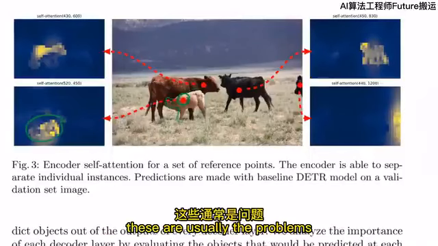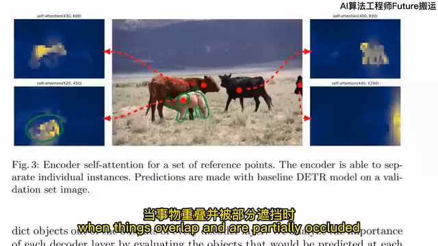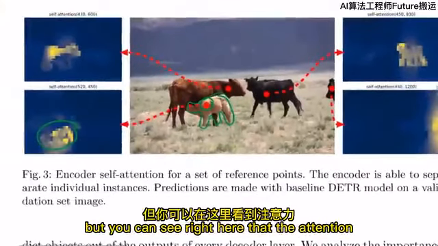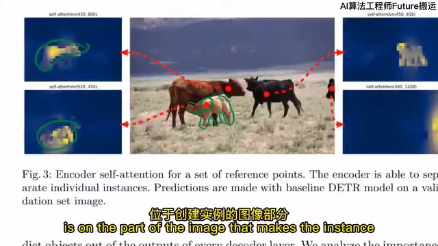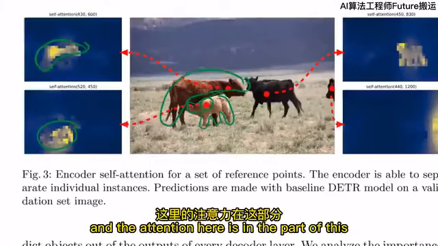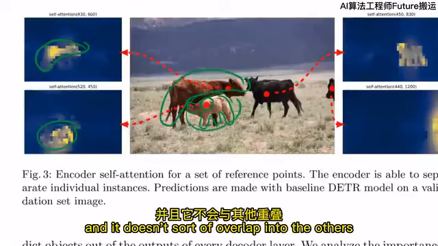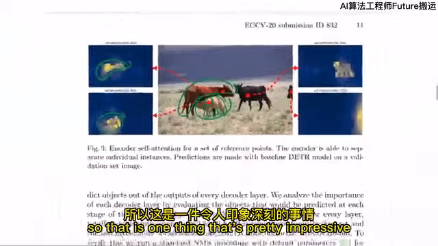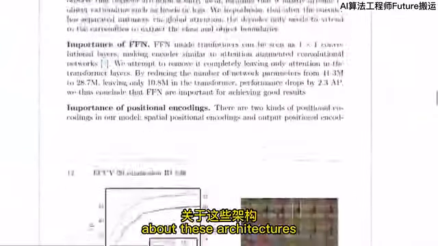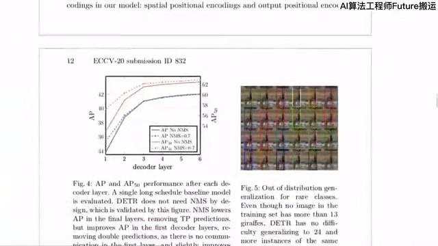These are usually the problems for these detection algorithms when things overlap and are partially occluded. But you can see right here that the attention is on the part of the image that makes the instance in the back, and the attention here is on the part of this, and it doesn't sort of overlap into the others. So that is one thing that's pretty impressive about these architectures.